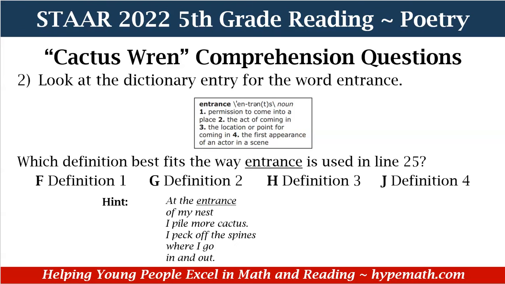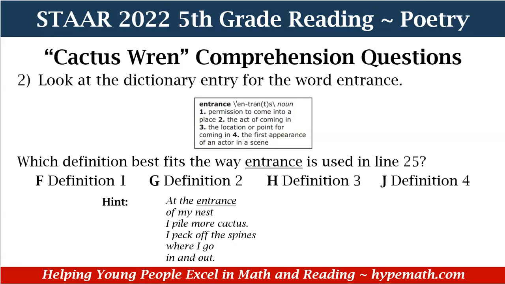We see that entrance is a noun. Definition 1 says permission to come into a place. Definition 2, the act of coming in. Definition 3, the location or point for coming in. Definition 4, the first appearance of an actor in a scene.